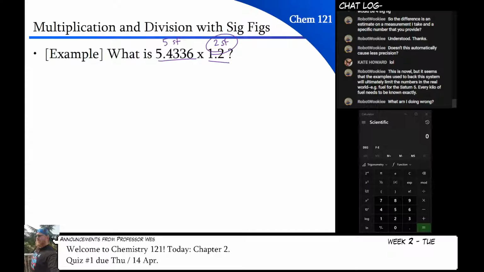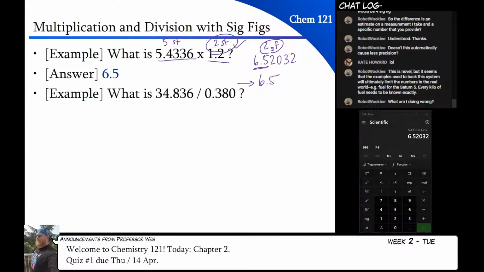So when I punch this in the calculator, 5.4336 times 1.2, this is the answer I get, 6.52032. And I'm only allowed to have 2 sig figs, because that's what we decided, based on the rules. So I write this as my answer.